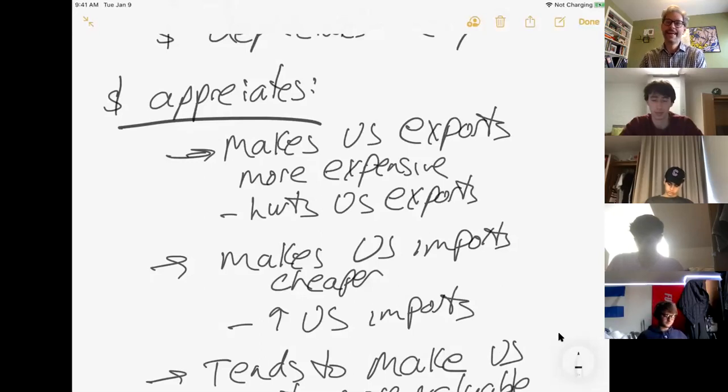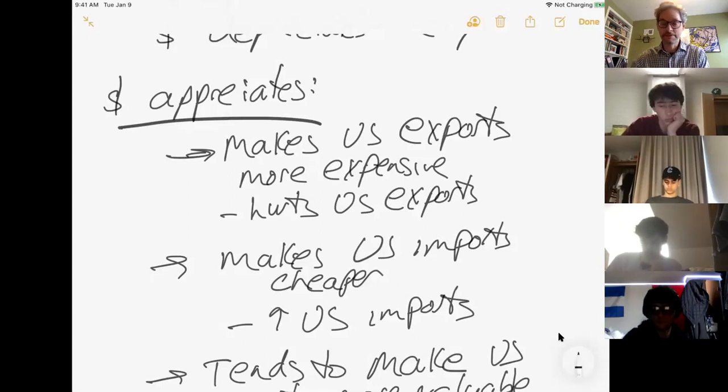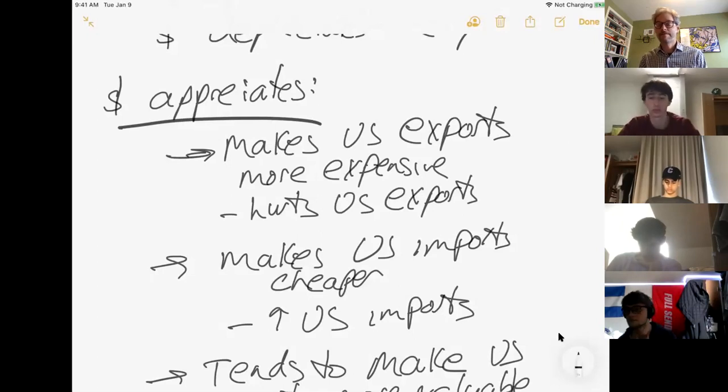And so, not to keep on mentioning a guy's name and to pick on one party, but it's hard not to talk about him. Donald Trump, the last 4 years, spent a lot of time talking about how he wanted a strong dollar. Well, first off, I don't know what a strong dollar means, but the idea that he thought you could have a strong dollar, but also reduce the trade deficit, well, that doesn't make much sense, right?